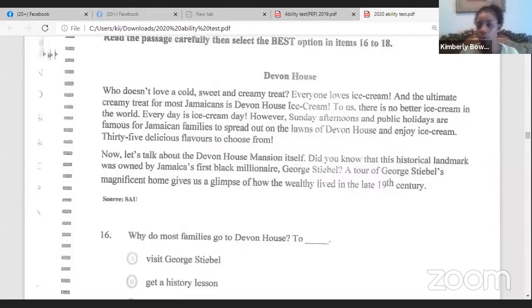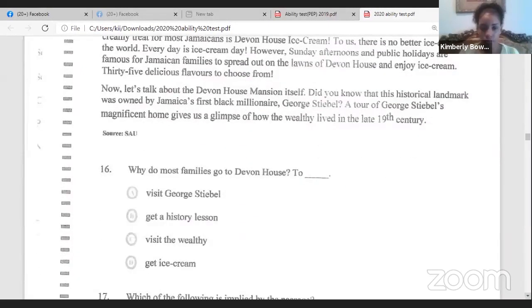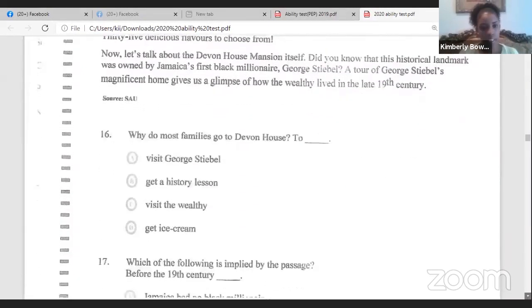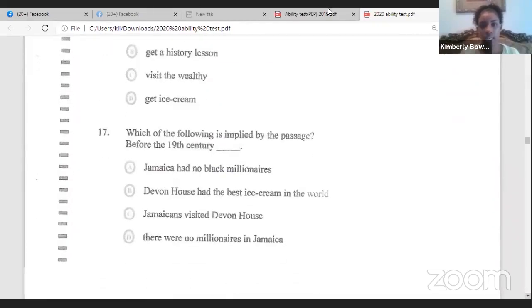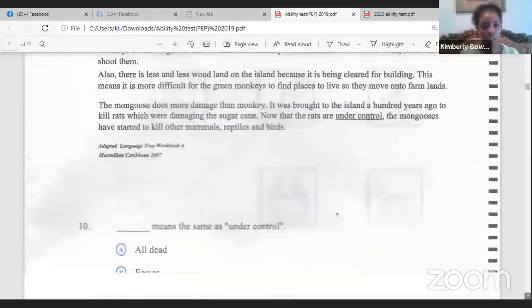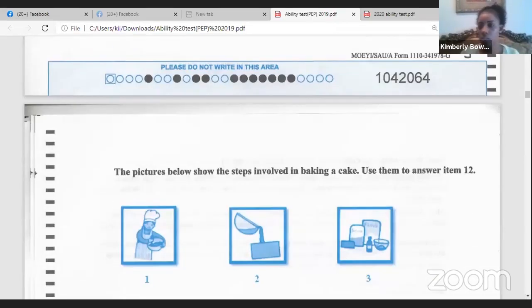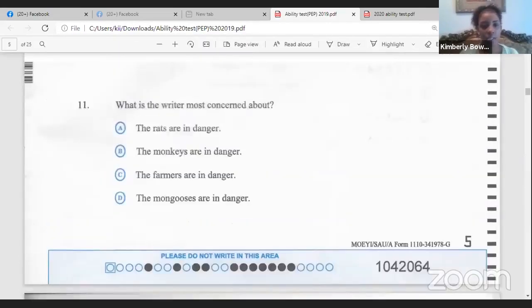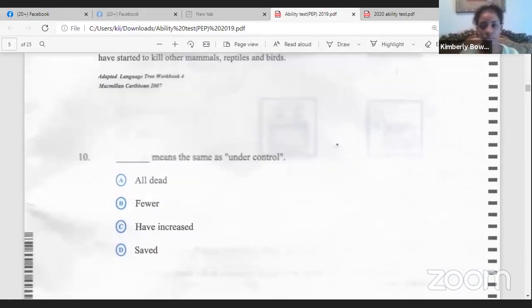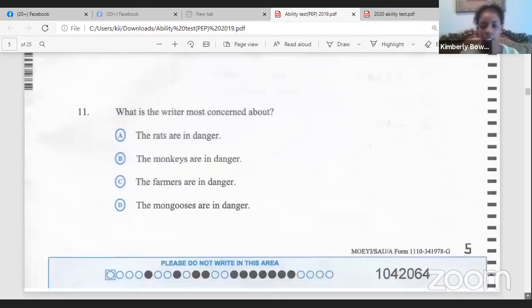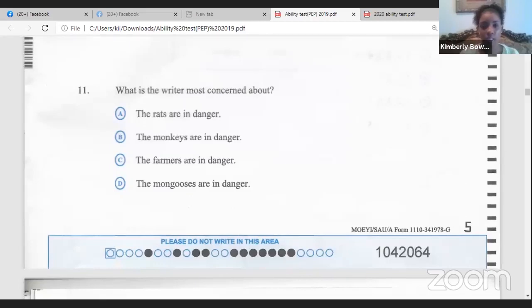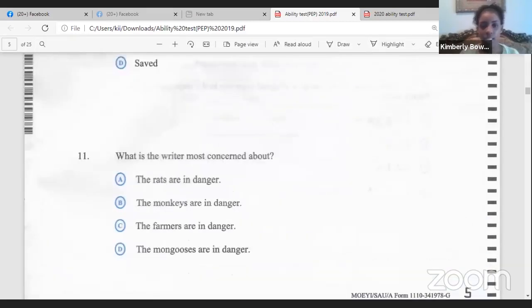So you have 2 questions here, question 16 and question 17. And for the passage on monkeys, we have also 2 questions. So it's safe to say that a passage will come on the 2021 paper, not past as yet.